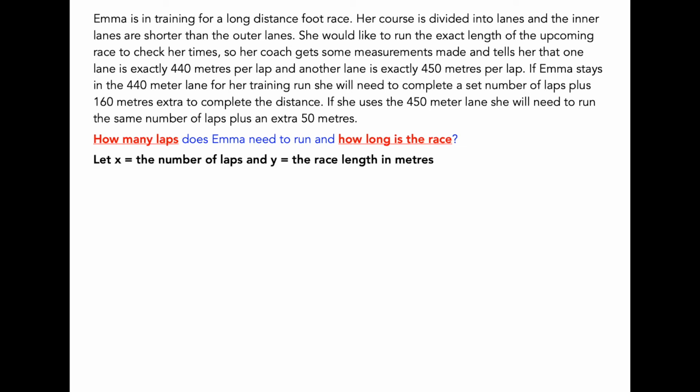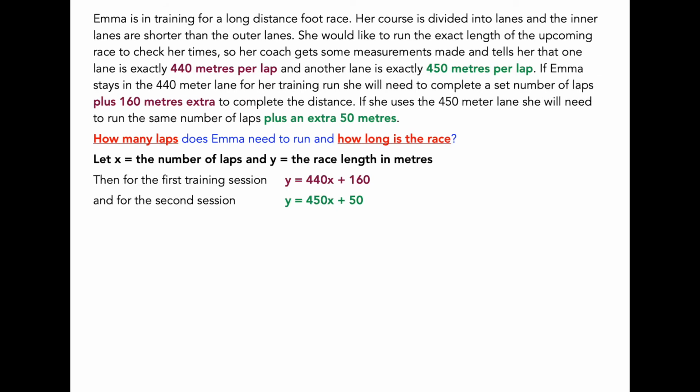So our algebraic expression will be, let x equal the number of laps and y equal the race length in meters. And from the little story we can derive our simultaneous equations. For the first training session, the length of the race that Emma will have to run will be 440 times x, that's the length of the track, times the number of laps, plus 160.